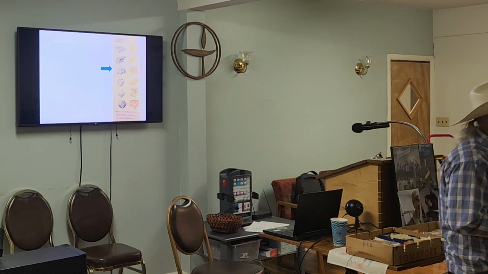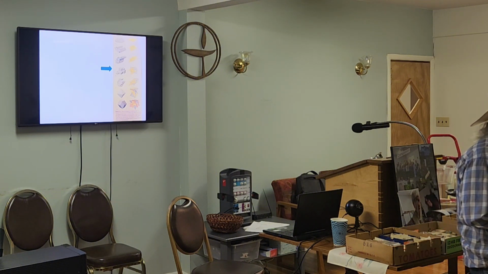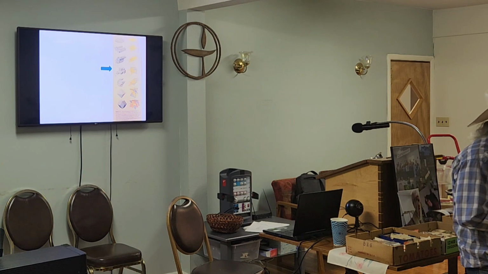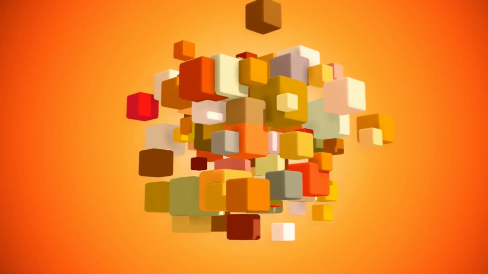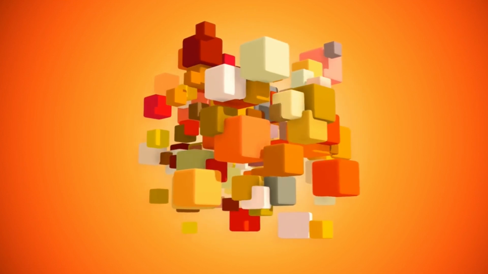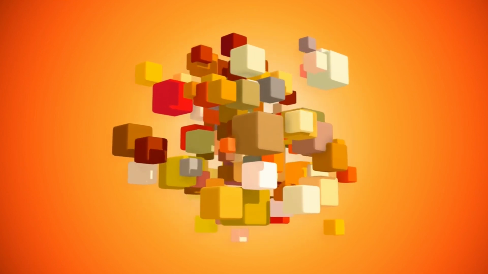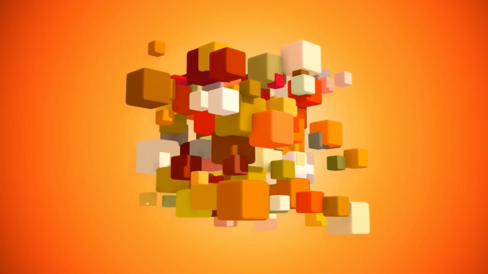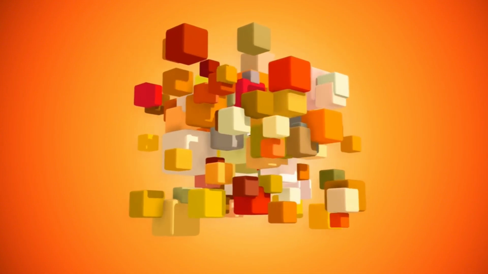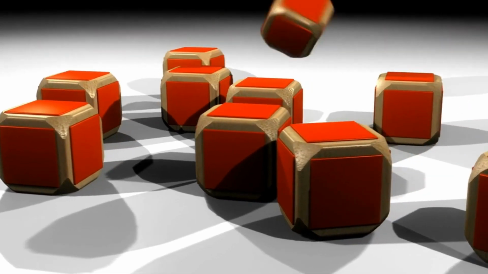By the way, there's a word that's used in crystallography called coin. When you have a cube and it's missing all the corners, how many corners does a cube have? 8.